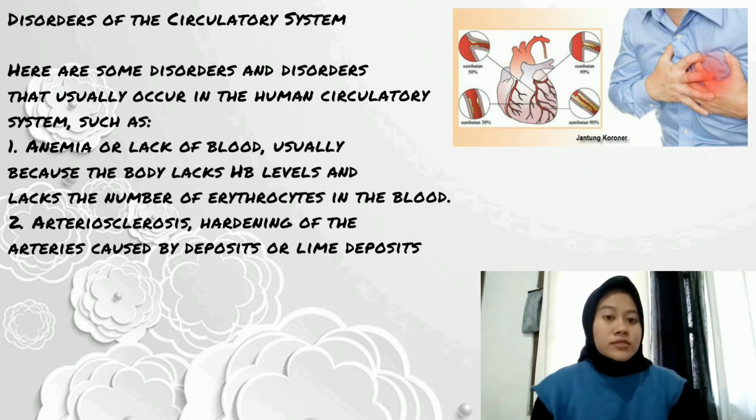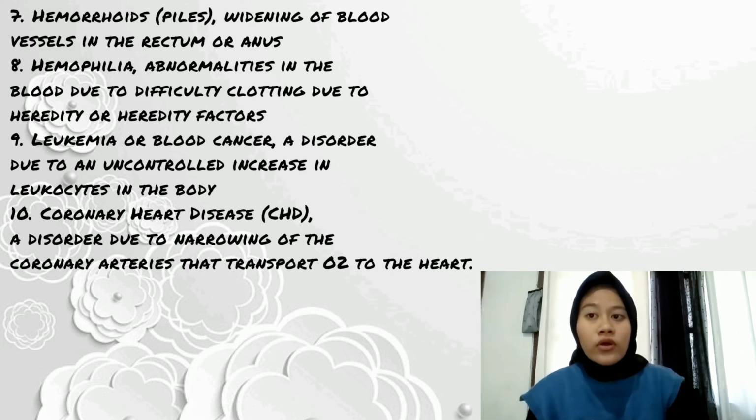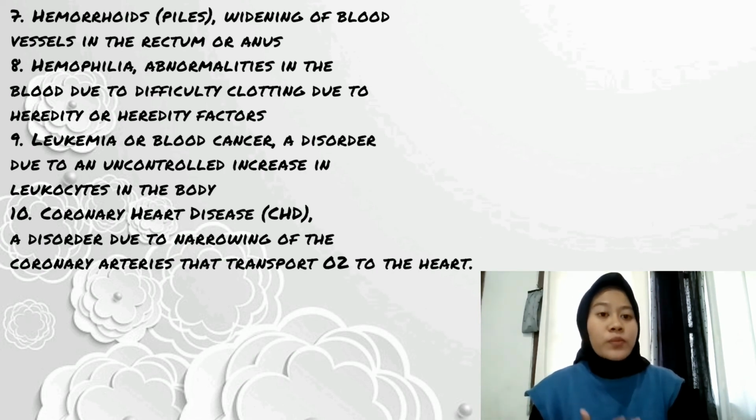Here are some disorders that usually occur in the human circulatory system, such as anemia or lack of blood, then arteriosclerosis, and then atherosclerosis, embolus, blockage, thrombus, varices, and then there is hemorrhoids, hemophilia, leukemia or blood cancer, and the last is coronary heart disease.